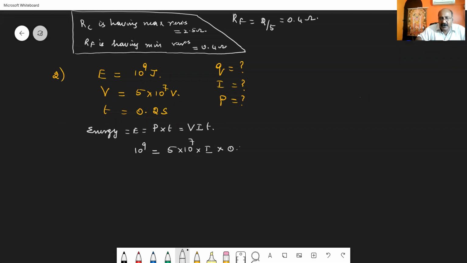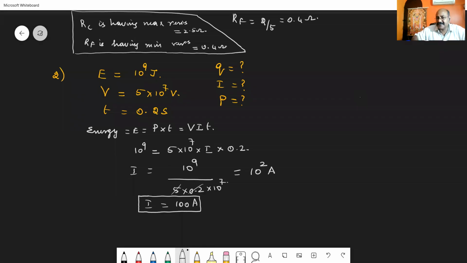Time is 0.2 seconds. So take this to the other side to calculate current. I is equal to 10 power 9 divided by 5 into 0.2 into 10 to the power of 7. 5 into 0.2 is 1. When I am dividing, I am able to get 10 to the power of 2 amperes, or I can write I is equal to 100 amperes as the answer. So I have calculated the current I as 100 amperes.